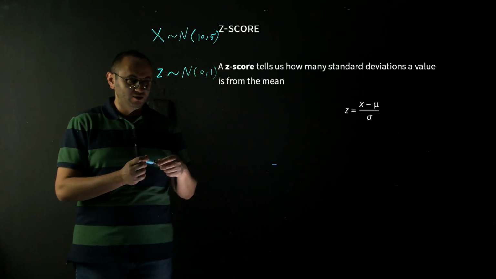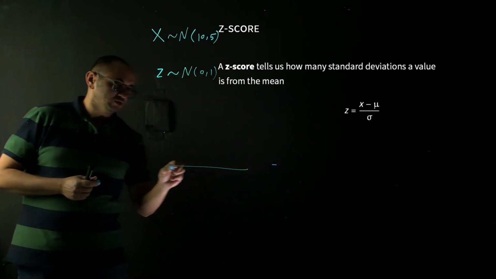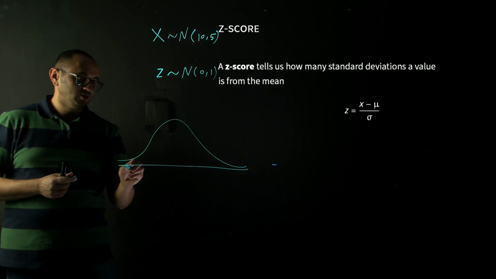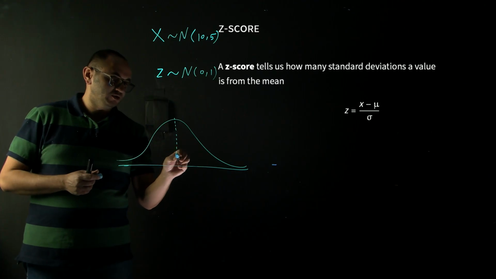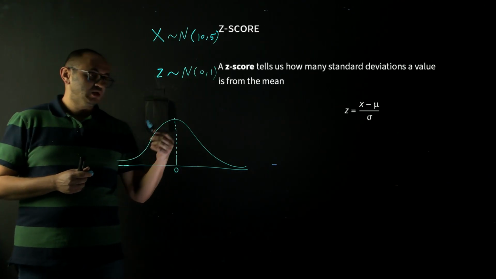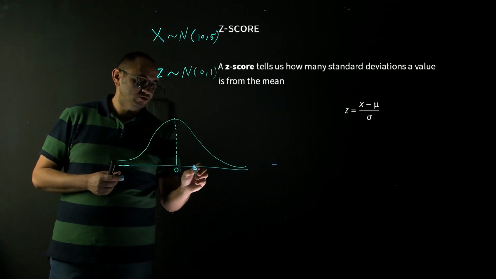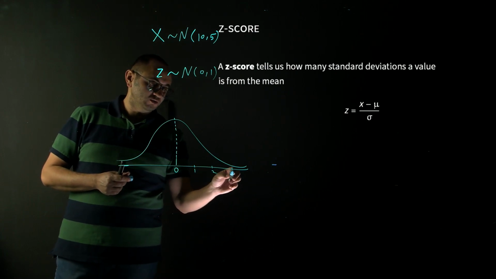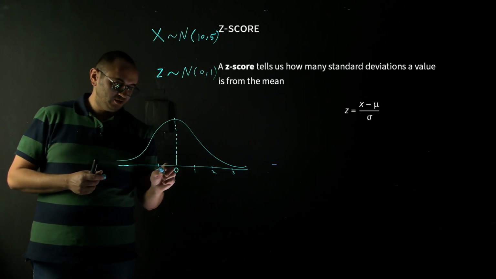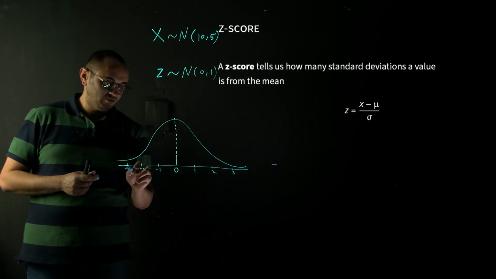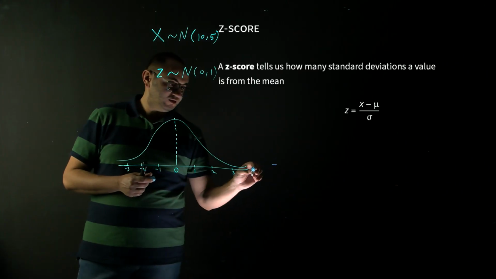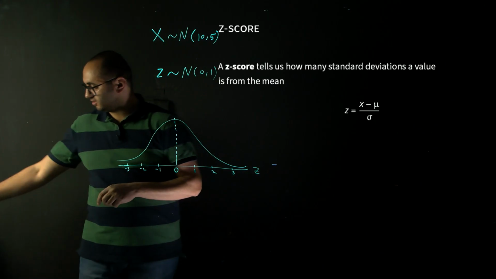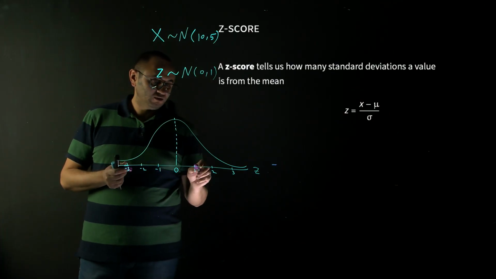So let me explain here. Suppose this is our standard normal distribution, which means the mean is 0 and the standard deviation is 1. So let's say this is 1, this is 2, this is 3 sigmas, this is -1, -2, -3, right? And this is the value of Z. So Z equals 1 means we are here.